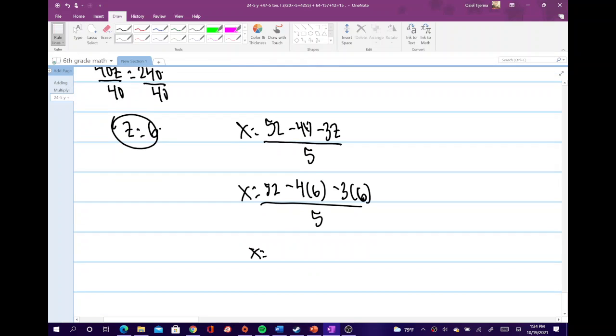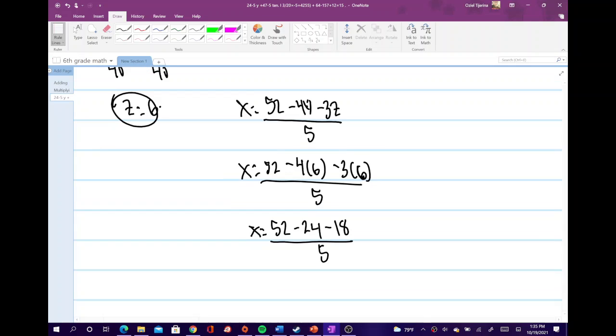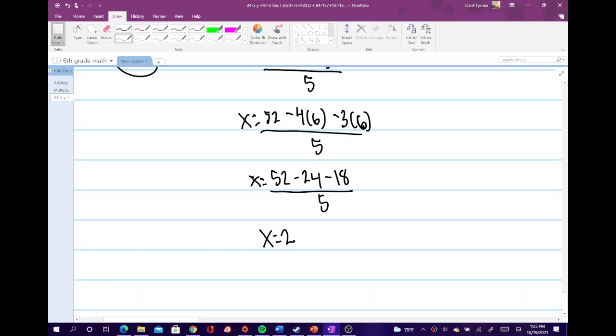This is really just x equals 52 minus 24 minus 18 all over 5. And if you put that in your calculator, you come up with x equals 2.